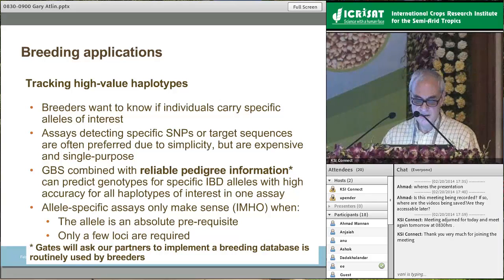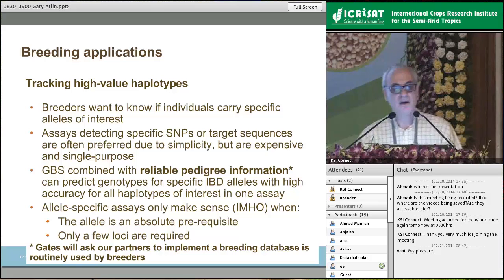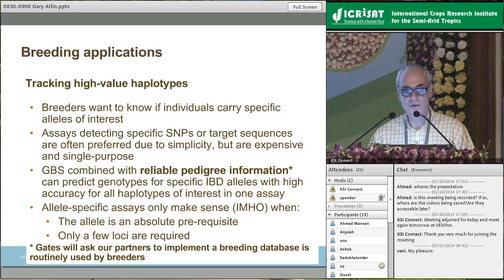And assays detecting specific target sequences are generally preferred by breeders because of their simplicity of interpretation. But they're expensive and single purpose, and with the same DNA sample, you could type the whole genome.